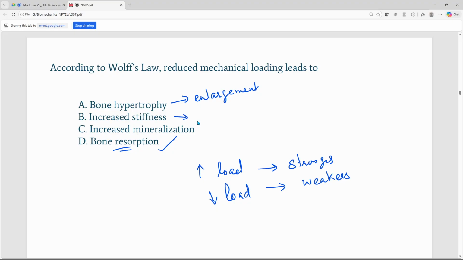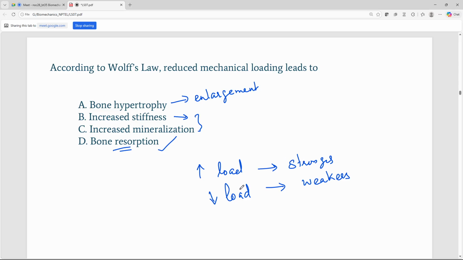So B and C are correlated. Increased mineralization will lead to increased stiffness. It will become less in collagen but higher in minerals. Such a condition is known as bone mineralization, which will lead to increased stiffness.